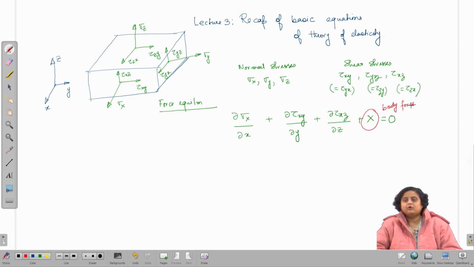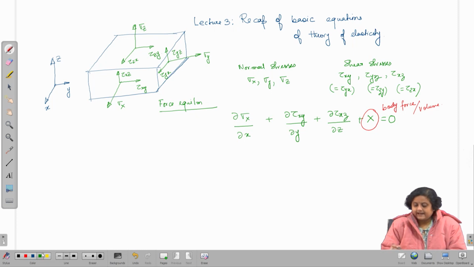So, this body force could be the weight of the body, the gravitational force, it could be the inertial force, the centrifugal force that acts on a body. So, this is the body force per unit volume.